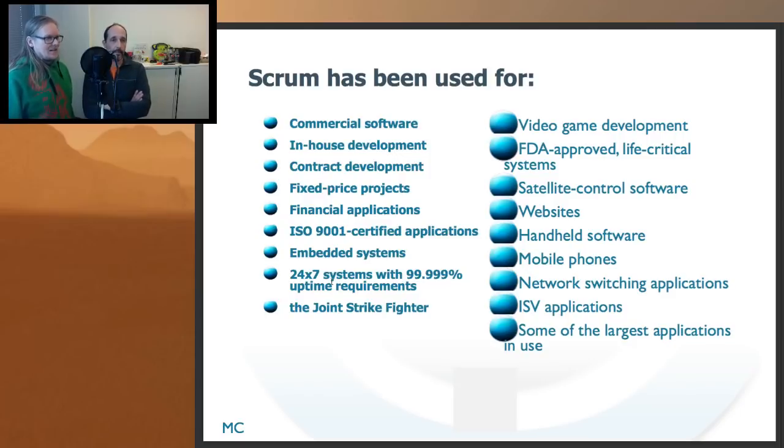Okay, this is a slide that tries to say that nowadays Scrum is used for basically everything. This is not self-evident, because when the Agile movement started with extreme programming, which was invented or at least popularized by Kent Beck, am I right? Yes.